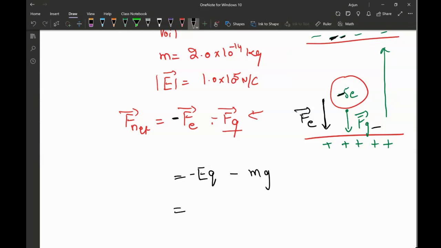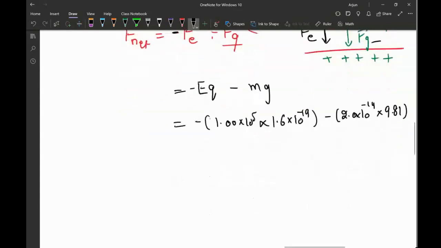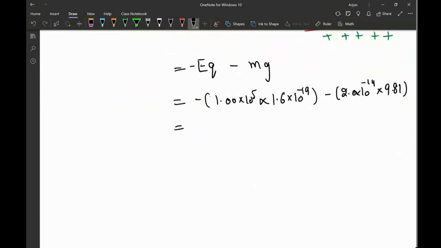That will be equal to 1.00 times 10 raised to the power 5 multiplied by the Q value, 1.6 times 10 raised to the power negative 19, minus the mass value, 2.0 times 10 raised to the power negative 14, multiplied by 9.81, and you're going to do the calculations. From here you will be able to find the number.